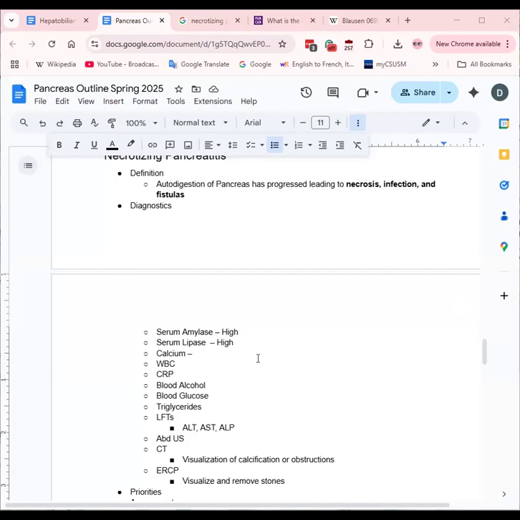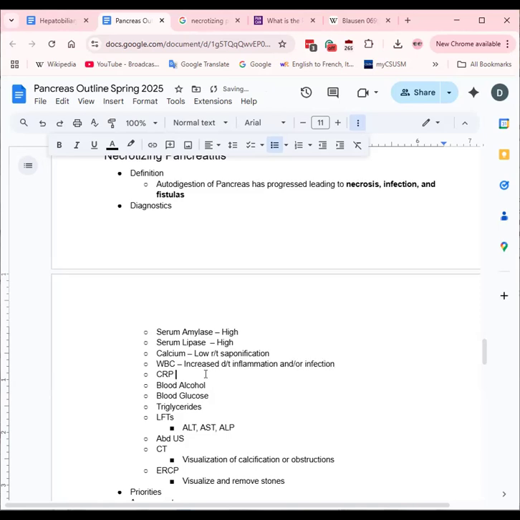Calcium, we just talked about, is going to be low because it's being used up by the saponification, which means the creation of soap. White blood cells is going to be increased due to inflammation and also potentially infection.